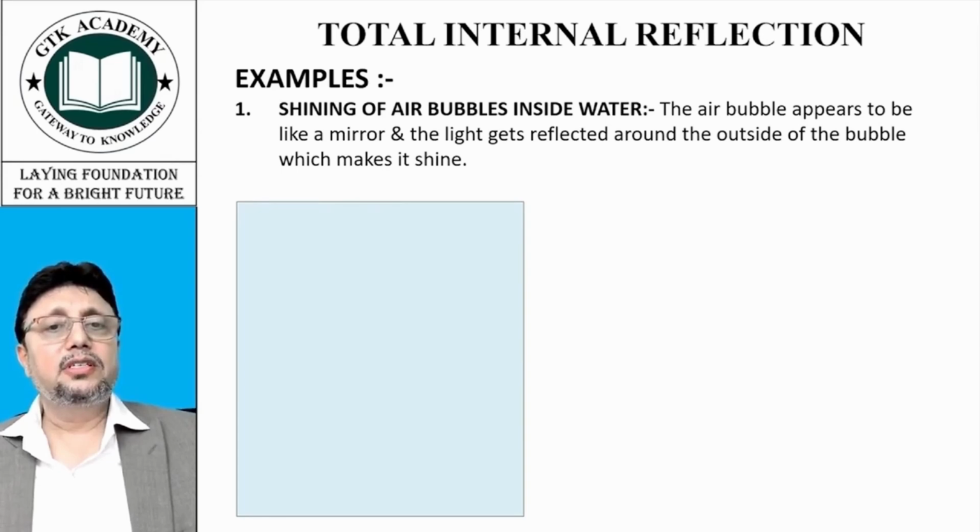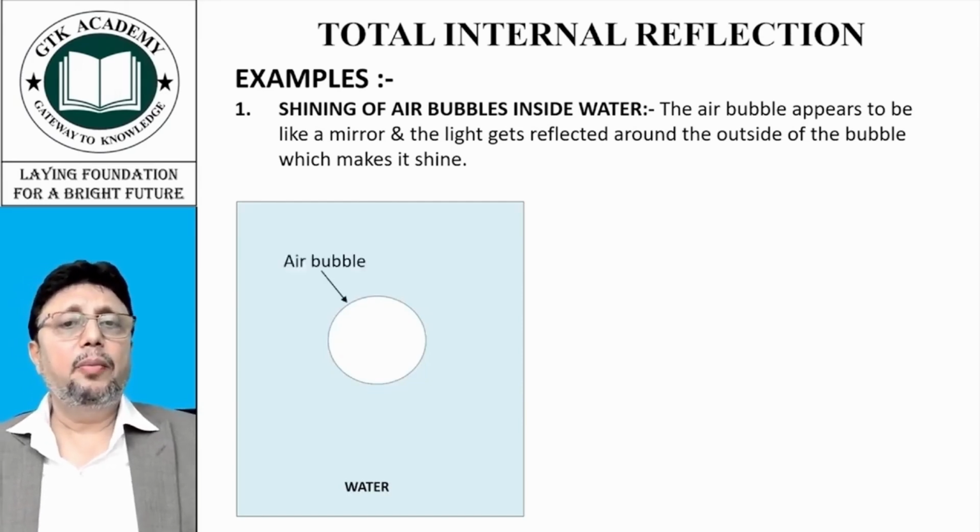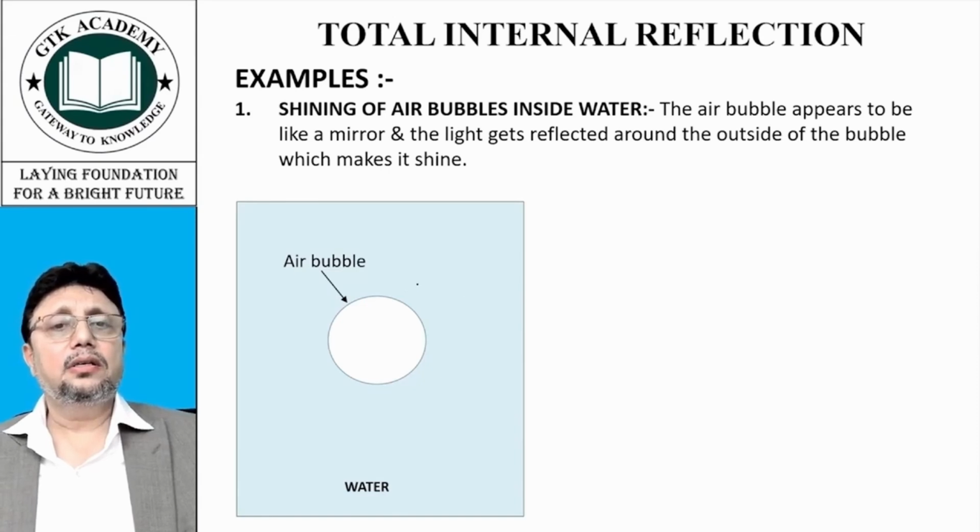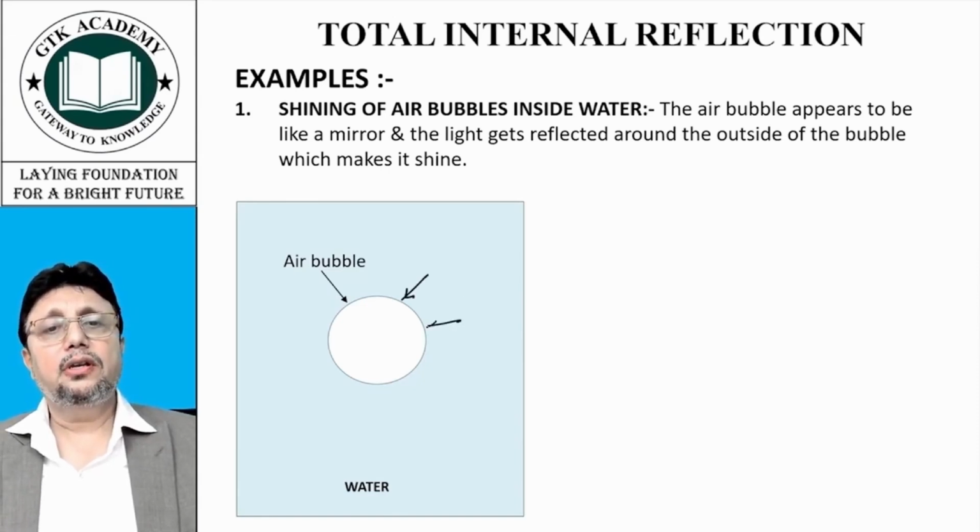Now, for example, if this is liquid shown in blue color, water, and you have an air bubble here. This is an air bubble. Now light is going to fall on this air bubble from all direction, like this, like this, like this.